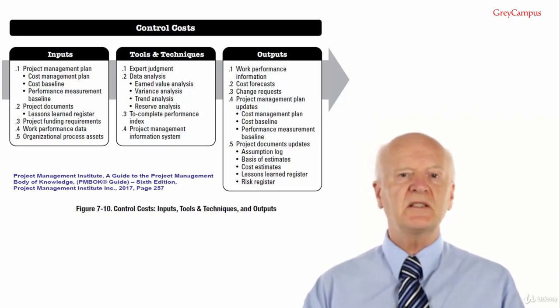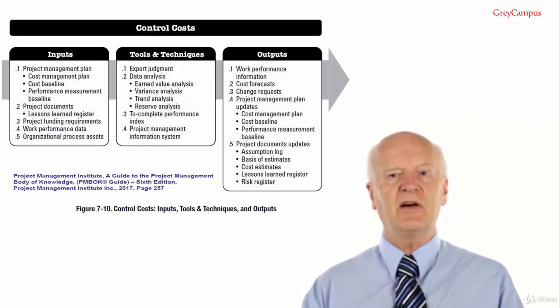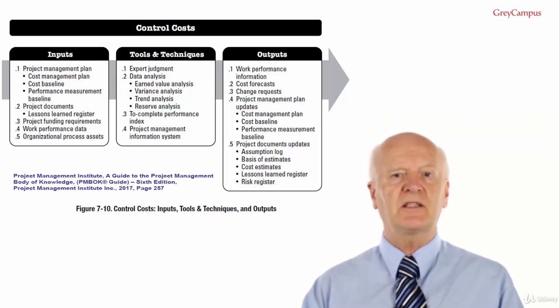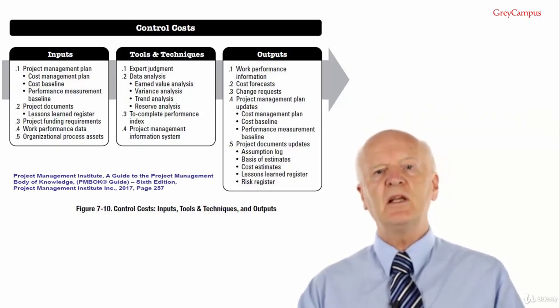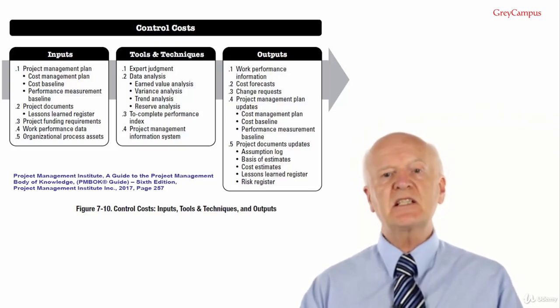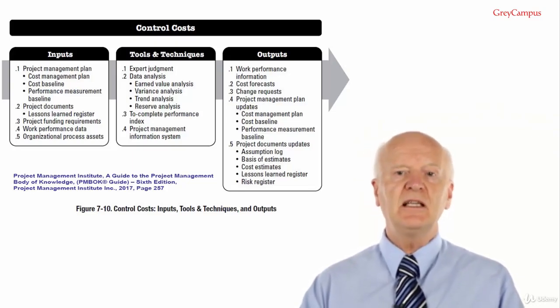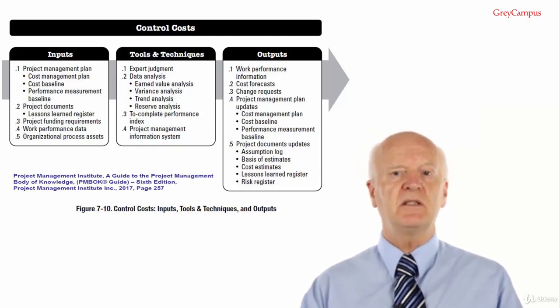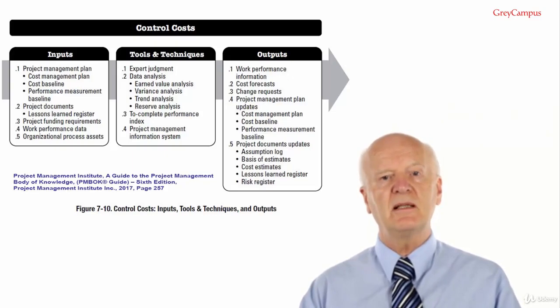Cost performance index equals earned value divided by actual cost. So CPI equals earned value divided by actual cost. For example, if you've budgeted $5,000 to build a 50-metre brick wall and it's scheduled to be completed in 5 days, it's now the end of day 3, therefore the planned value at the end of day 3 is $3,000 because you budgeted to spend $1,000 per day.